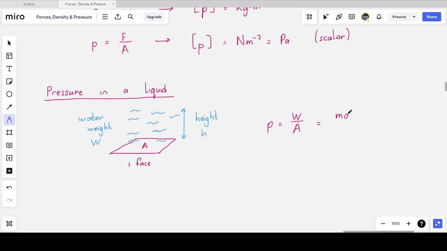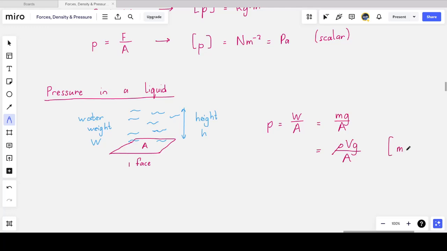And this is m times g over A. Let's assume the mass of water is m, and g is the free fall acceleration. But wait a minute, we can write this as rho times V times g over A.